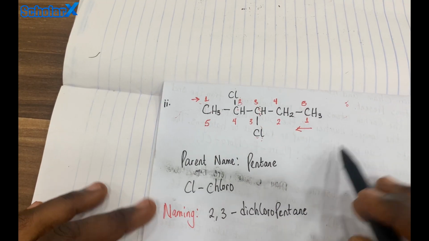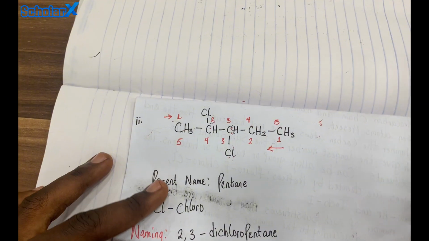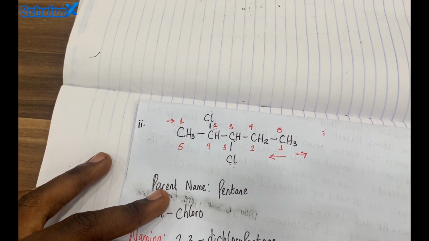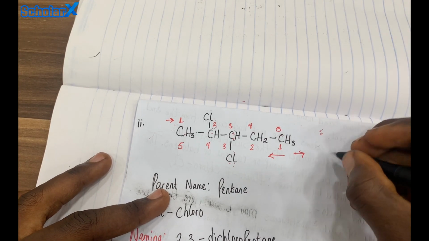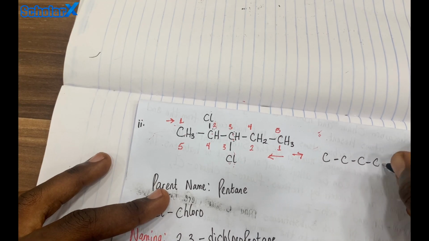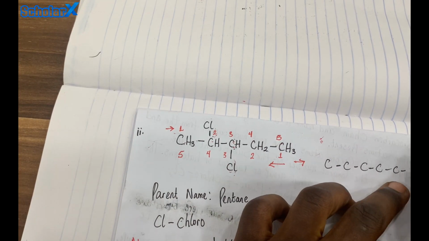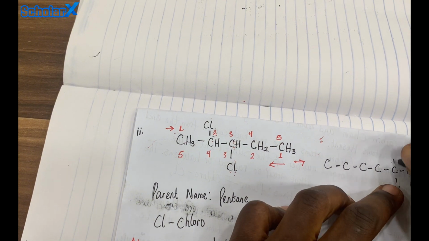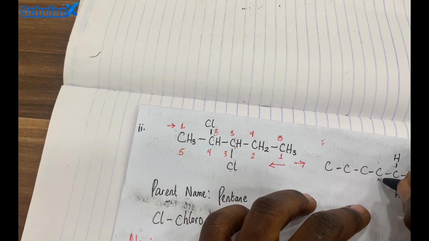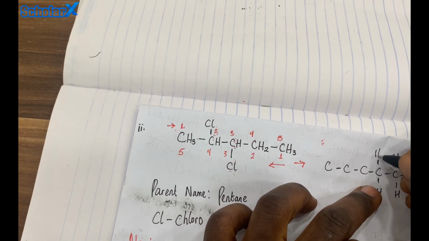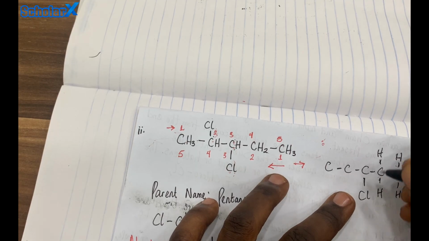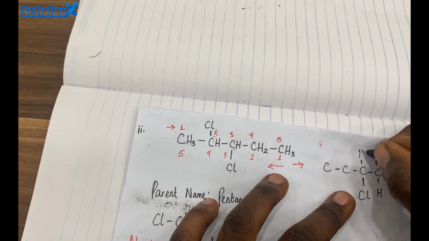Now, I can also write this just so that you can understand better. This compound can also be written like this as C, C, C, C, C. I have 1, 2, 3. For this, you're seeing CH2 now. I have 1, 2. I have Cl, and H up here.